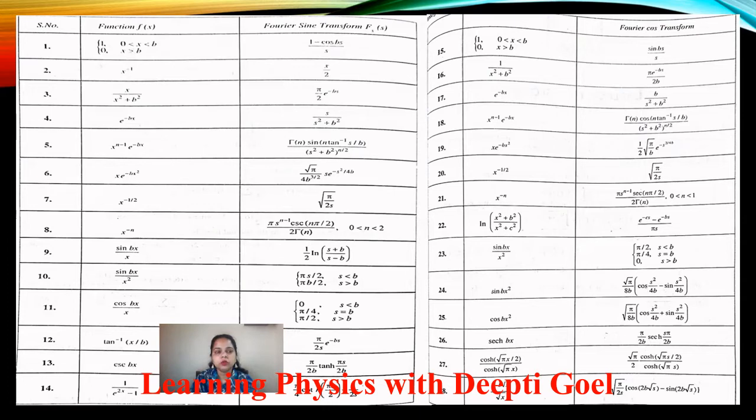This has been shown because before solving with Parseval's identity, we should be well aware of the formulas: if we have a certain function, what will be its Fourier sine transform or its Fourier cosine transform.